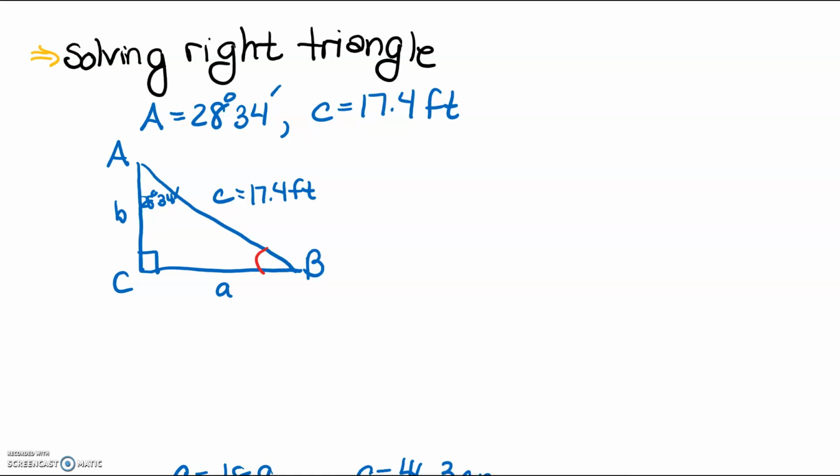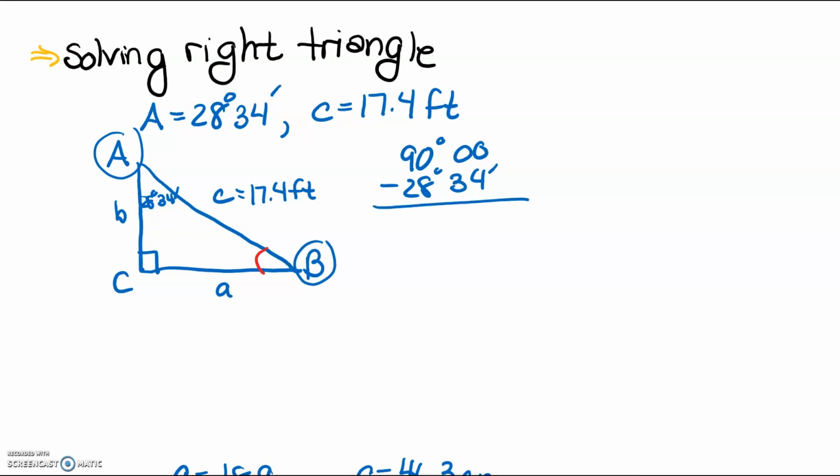Well, I know because this is a right angle, angles A and B are complementary. So how can I find angle B? Well, I'm going to subtract 28 degrees 34 minutes from 90 degrees, and I'm going to have to borrow a degree and change this to 89 degrees 60 minutes so that I can actually do my subtraction.